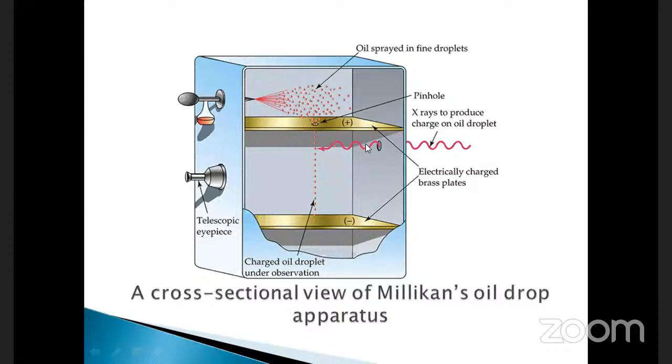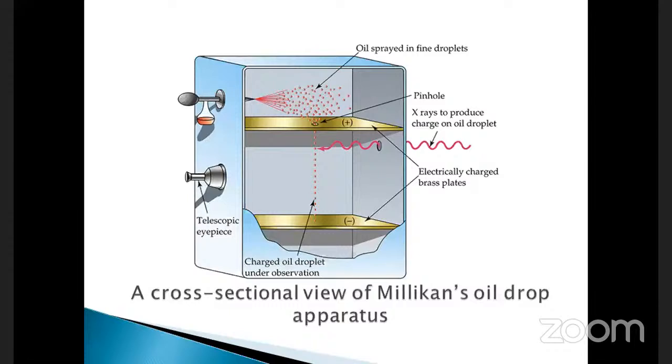And a high voltage of electric current was passed through these electric plates so that these oil droplets can accept charges, which are electrons. The charges are going to be the electrons that we are talking about.